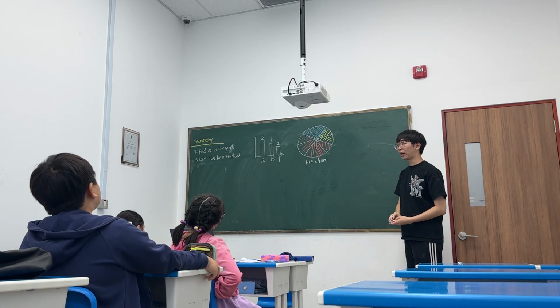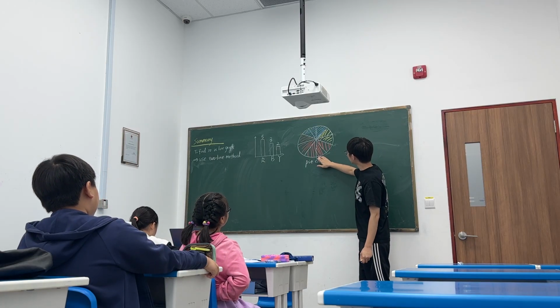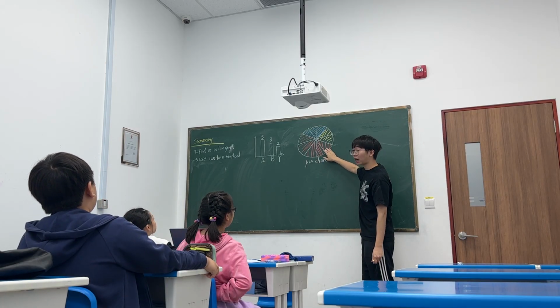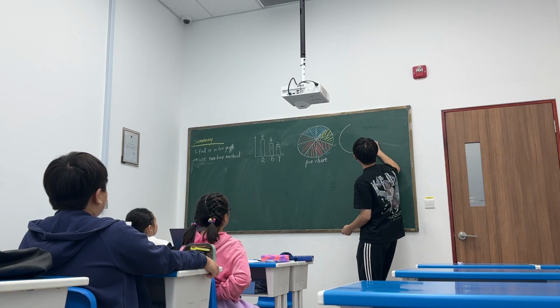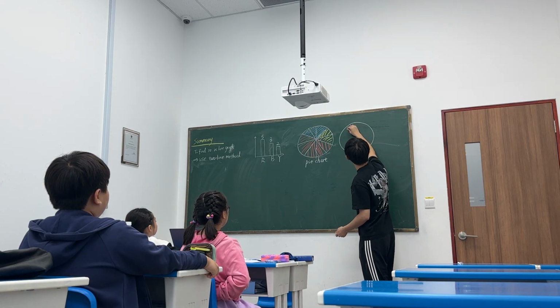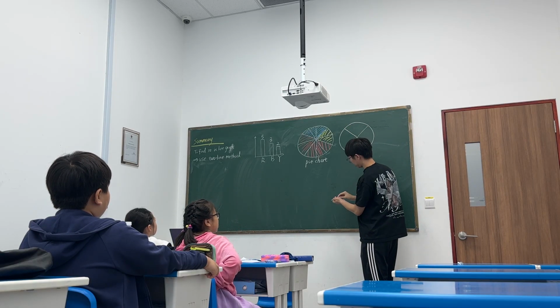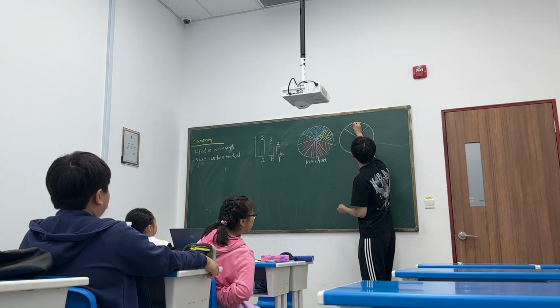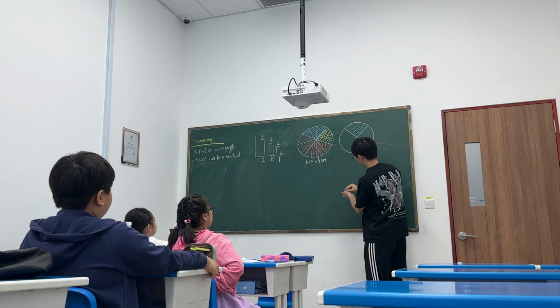Alright. Now in reality, you don't need to separate this into 10 parts. Inside this red color, you don't need to separate it into subparts. So in reality, we can draw this pie chart like this. So you get something for the blue part and for the yellow part.